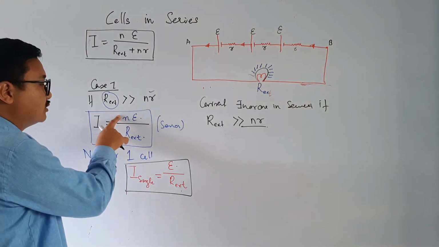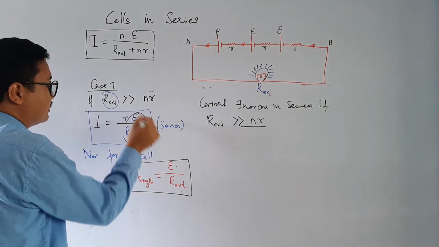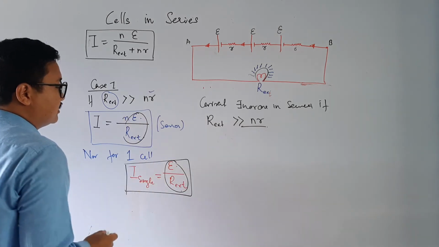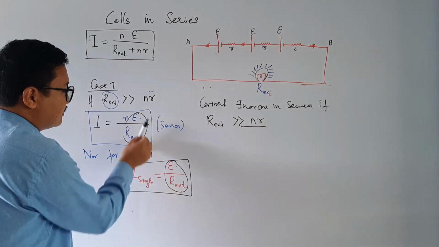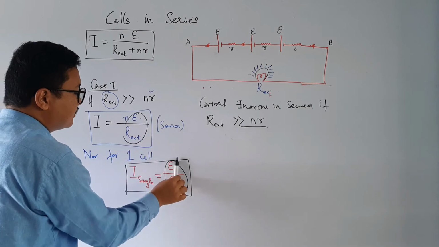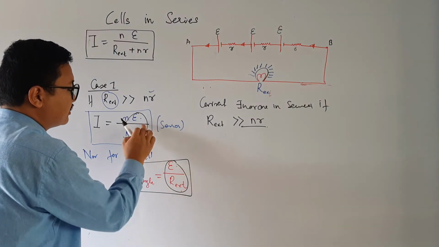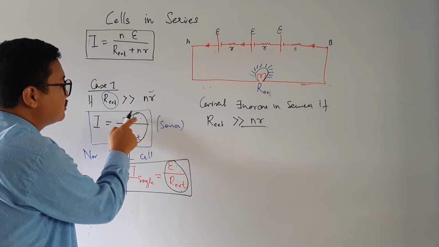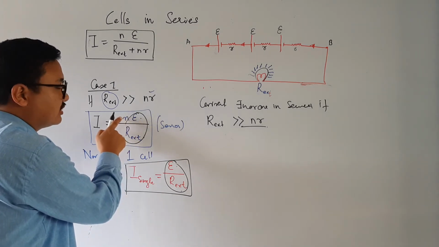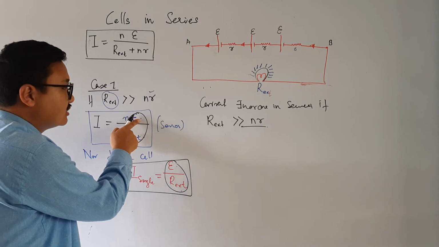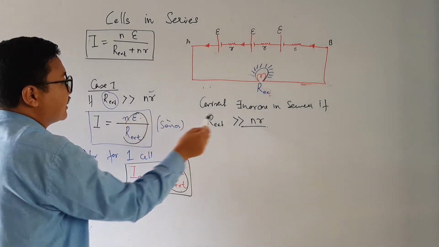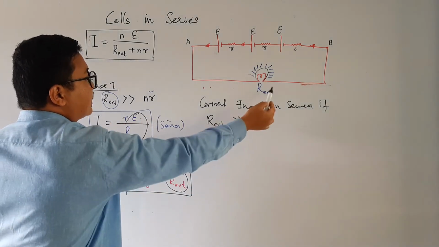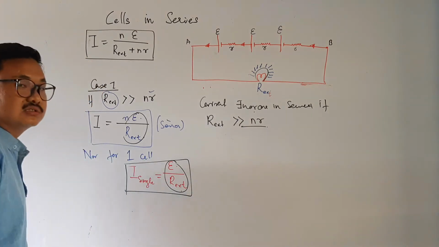This and these are the same. If it is 10, then this will remain 10 for both cases. Then if there are 2 cells, it will become 2 into 10, 20. If it is 3, then 3 into 10, 30. So in series, the current will increase if external resistance is much larger.